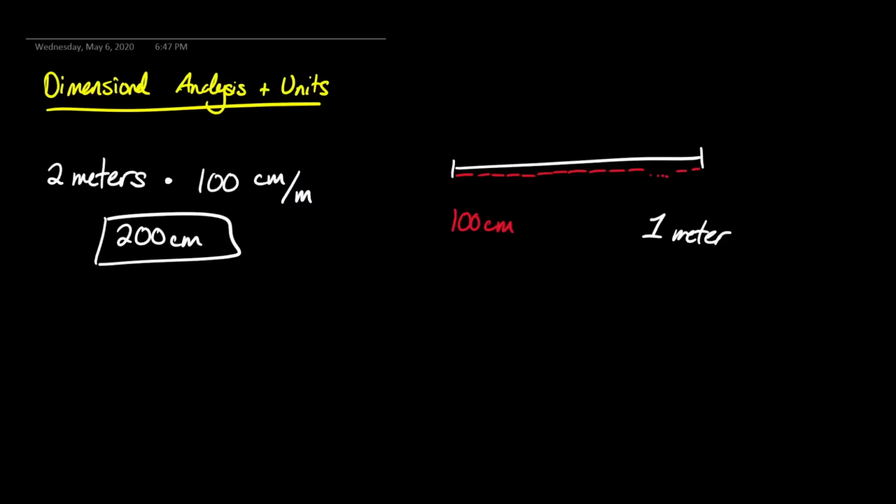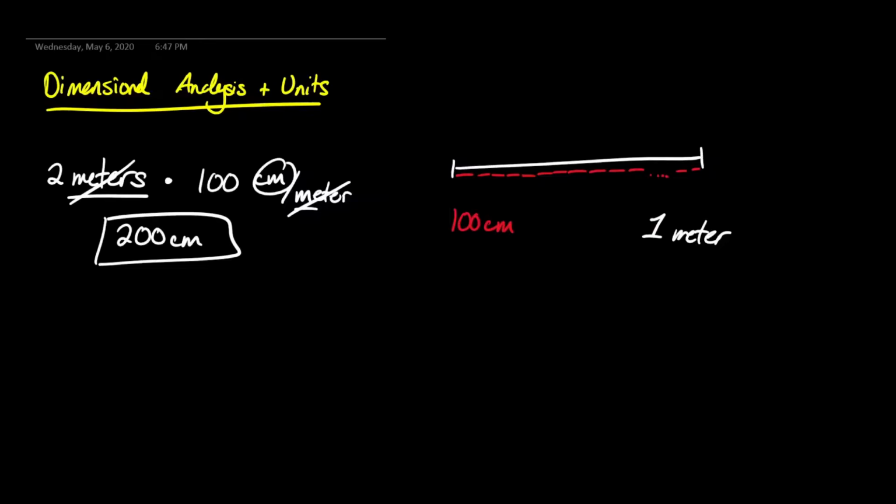So what we're going to do is take the 2 places where meters appears, remember m is short for meters, and cross them out because one is in a numerator and one is in a denominator. We had centimeters per each meter, and we're left with the unit of centimeter times 2 times 100. So that's a reliable way that you can check that you've done the calculation right, that you haven't accidentally multiplied where you should have divided, or vice versa.